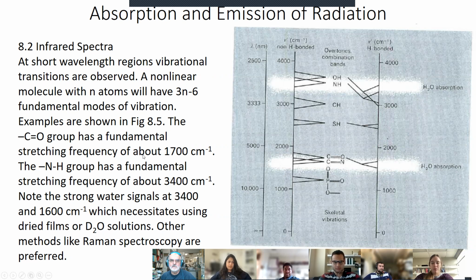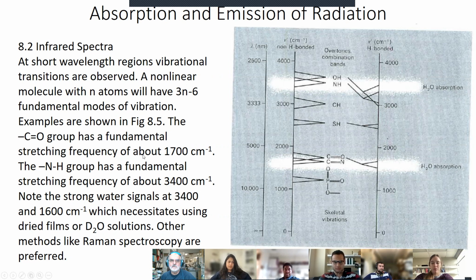All right, and so notice this is plotting wavelength and it's also plotting wave number. Okay, and so here are the positions of those frequencies, and you can see that that's where you can expect transitions. And so you can be looking in this region for changes in the environment of this carbonyl.